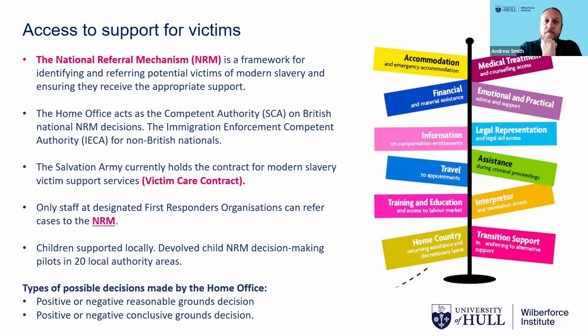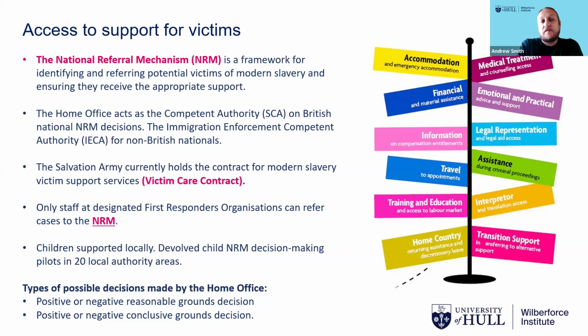We have the Home Office that acts as what's called the competent authority. They will make decisions on all British national referrals. So any British national that's identified or makes a disclosure as a potential victim of modern slavery will be referred by a partner or an organisation that is designated as a first responder organisation.